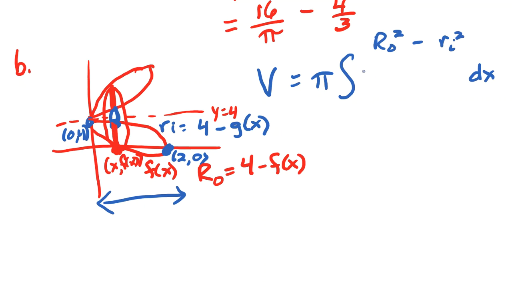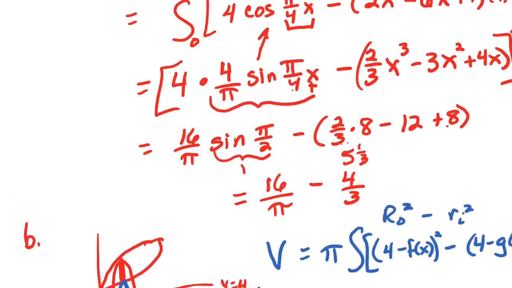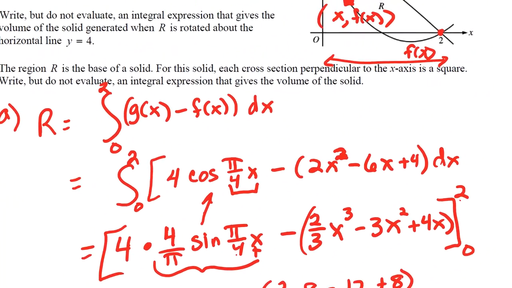So our outer radius is 4 minus f of x. Oops, and I didn't leave nearly enough space there. And our inner radius is 4 minus g of x, quantity squared. And the thickness of each washer is our dx. And that's all we needed to do was to set that one up. And let's check out C.